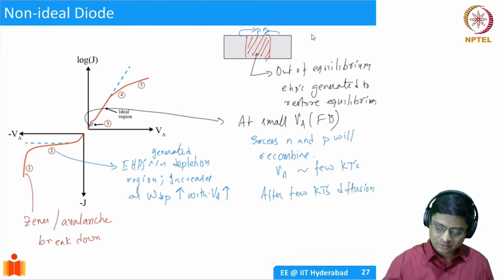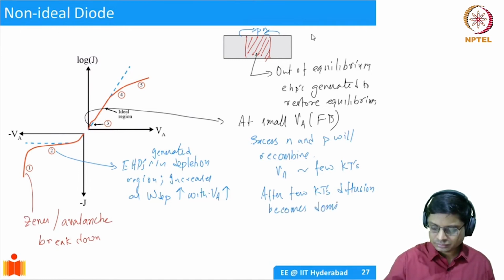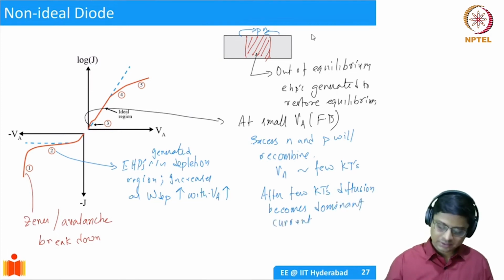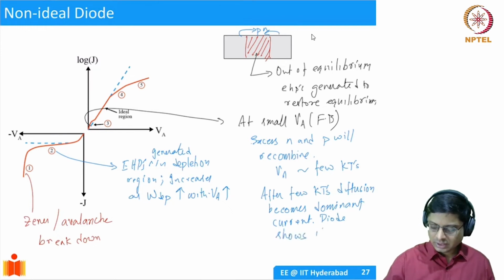Diffusion becomes the dominant current, and hence the semiconductor diode shows ideal IV or JV, whatever you want to call it, characteristics.